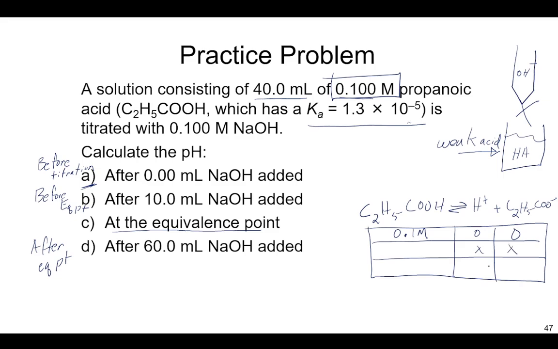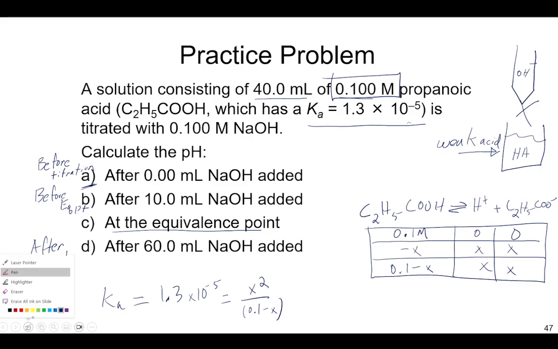The right side will go up by plus X. The left side will go down minus X. And so my equilibrium constant, my acid dissociation constant as it were, is going to be equal to this products over reactants, x squared over 0.1 minus x. And here you can neglect x, as we've talked about in the past, neglect it in the denominator down here.